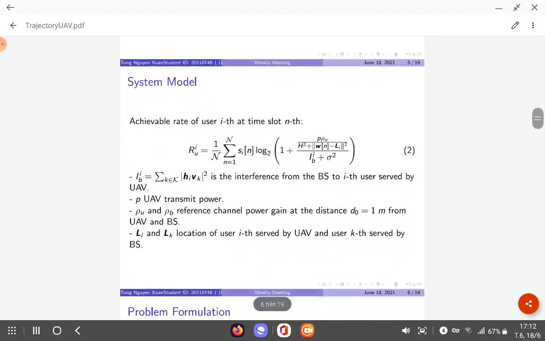So we can calculate the achievable rate of the user. It will be managed by an integer variable, the time slot allocation s_{n,i}. n will be the index of the time slot and i the index of the user. We have I_{p,i}, the interference from the base station to the user served by the UAV.